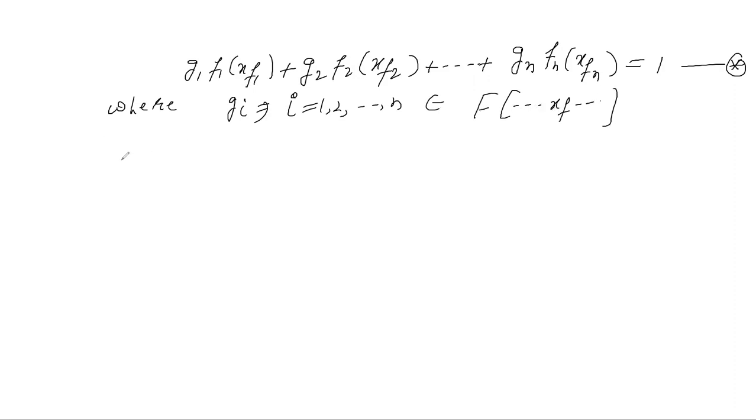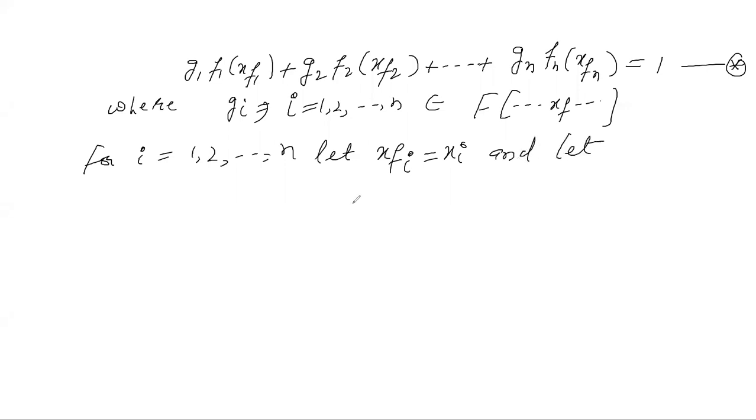Now rename this. For i running from 1 to n, let x_fi equal xi. Because these gi's are polynomials in several variables, it is possible that more variables appear in these polynomials other than these n variables.